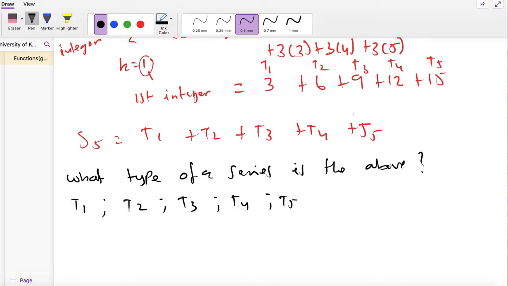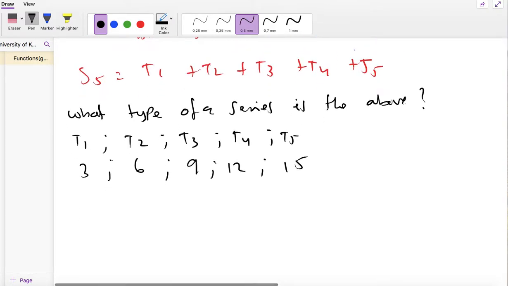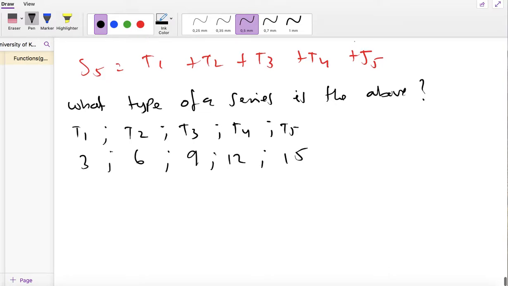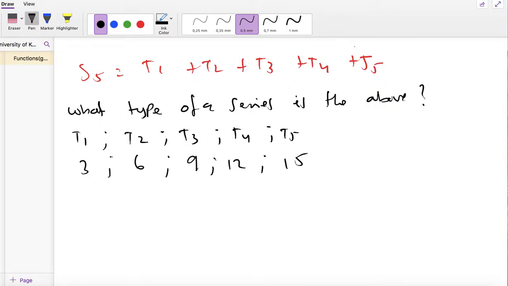And we know that term 1 is 3, term 2 is 6, term 3 is 9, term 4 is 12, and term 5 is 15. Clearly you can see that we're just adding 3 to get to the next term. So 3 plus 3 is 6, 6 plus 3 is 9, 9 plus 3 is 12, 12 plus 3 is 15.